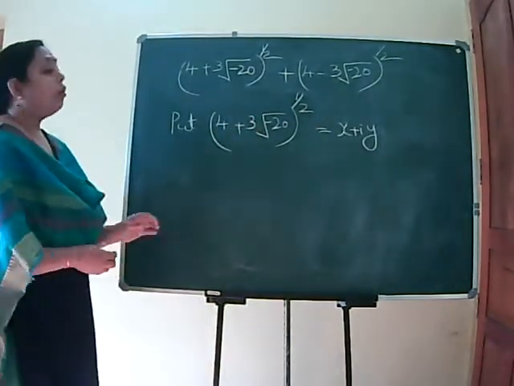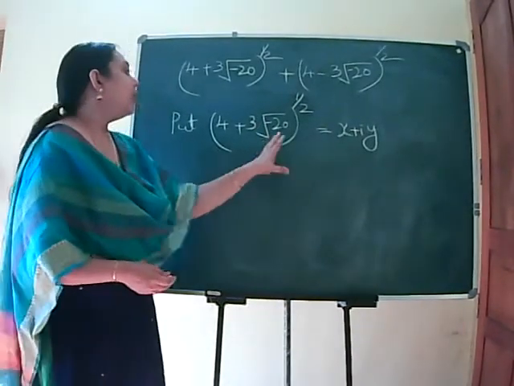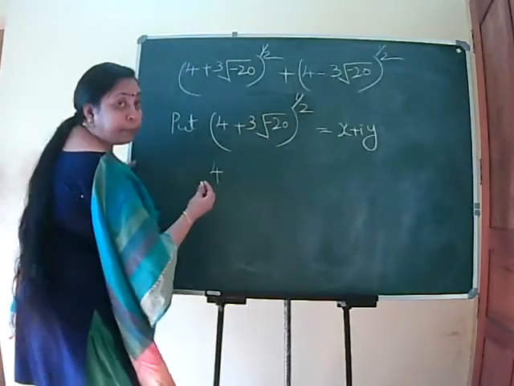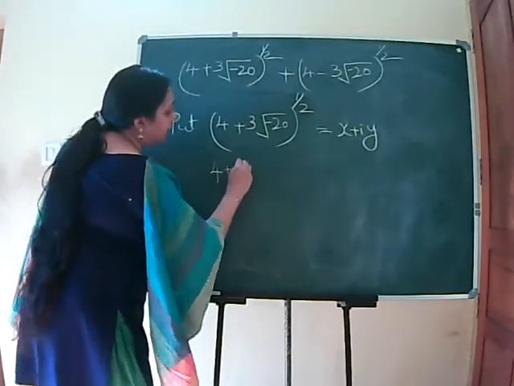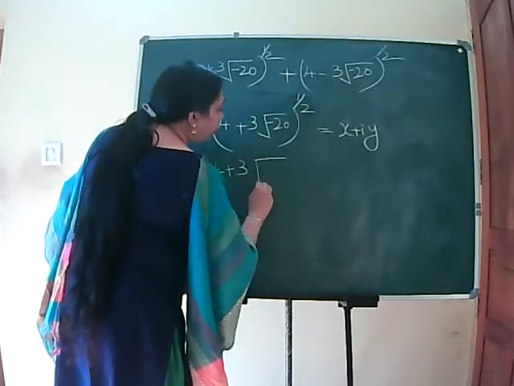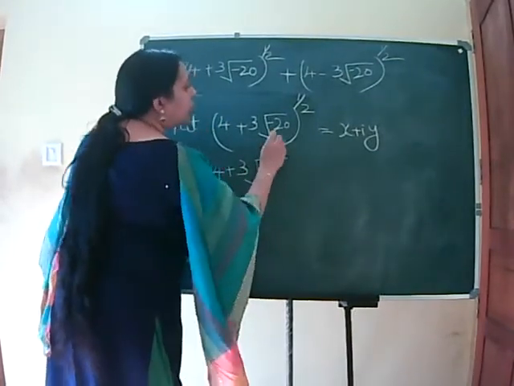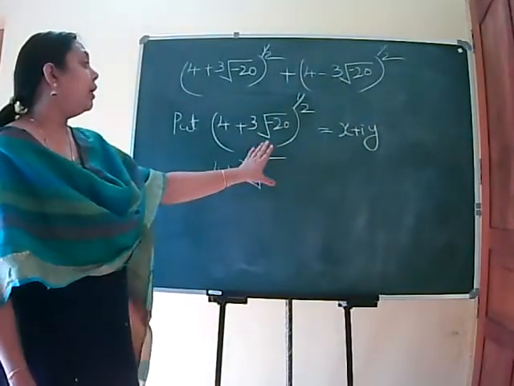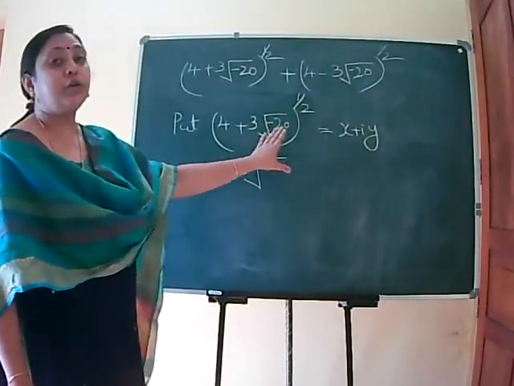That is, we know that this, that is 4 plus 3 into square root of this portion, becomes minus 1 into 4 into 5.